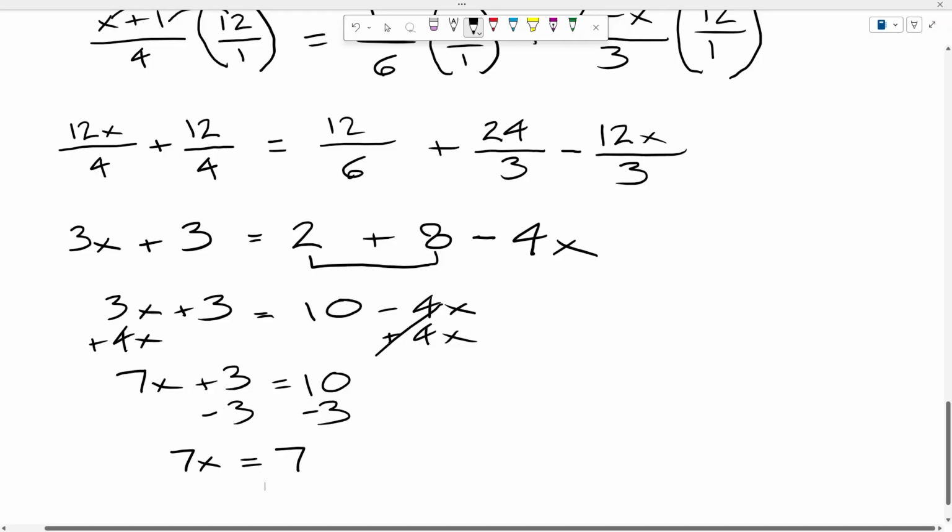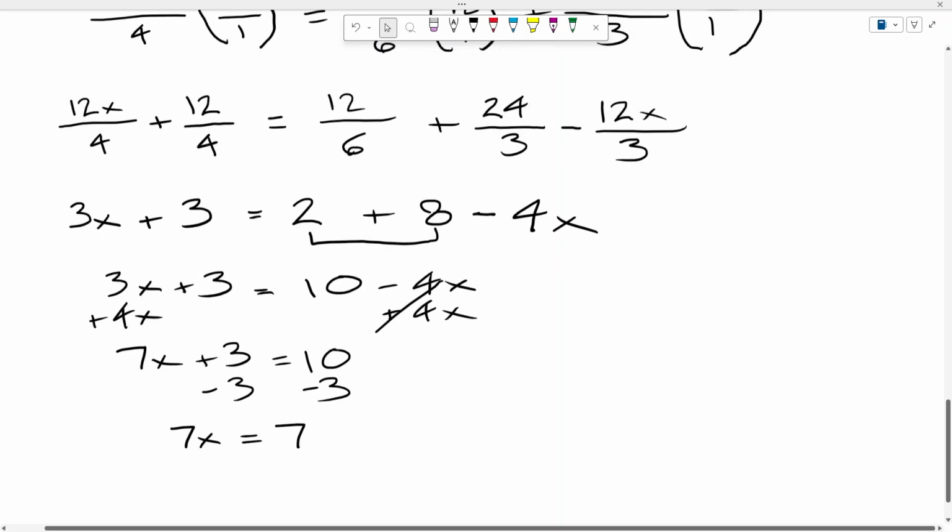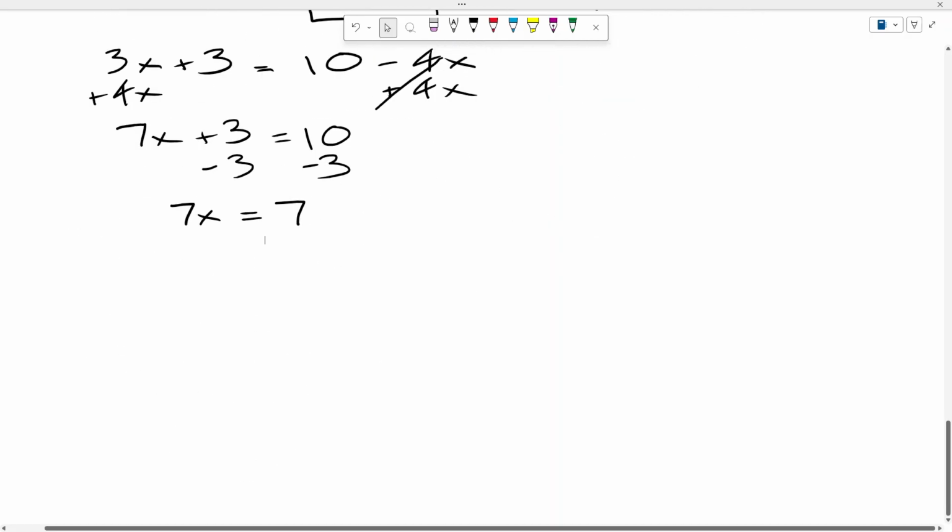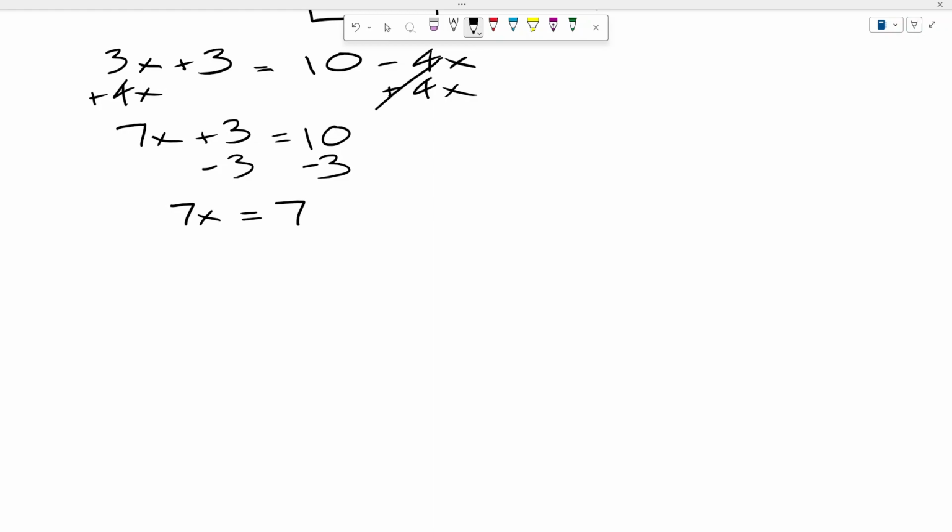And then, let's get a little more room here. Alright, and then our last step, of course, get x isolated, so we just have to divide by 7 to get x by itself. And 7 divided by 7 is simply 1. So after all that, we get an answer of just x equals 1 for that one.